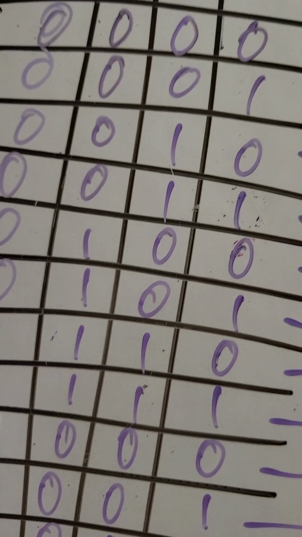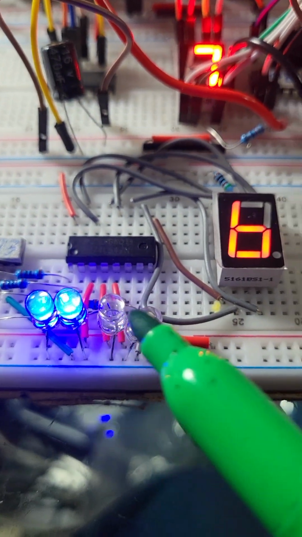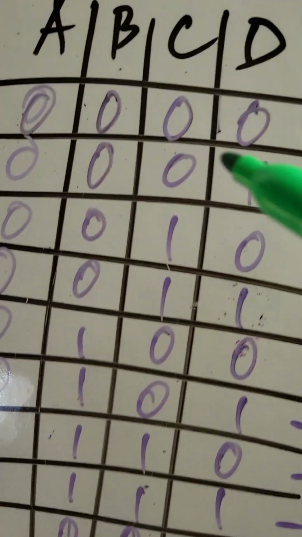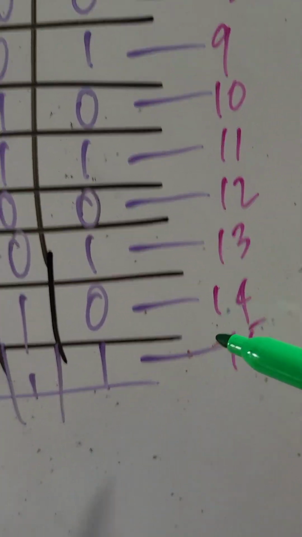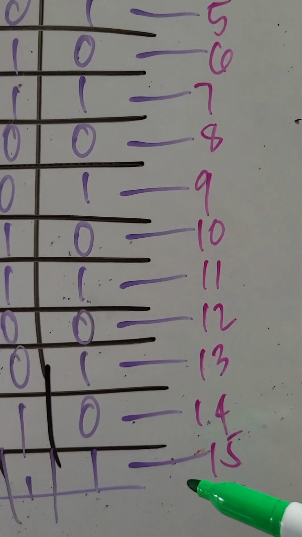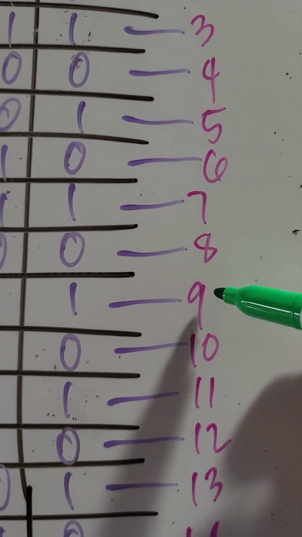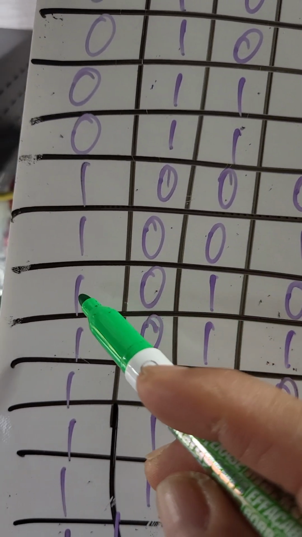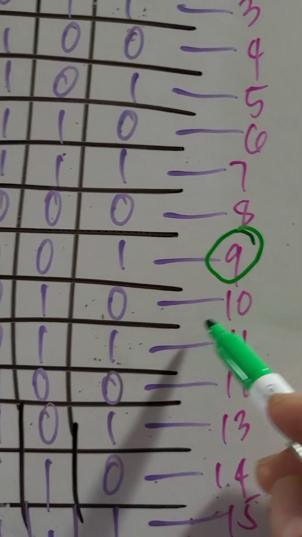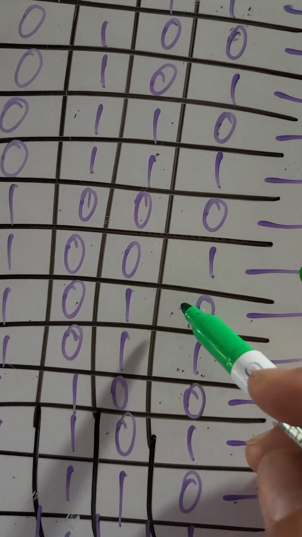Because at the count of 10, there are these 4 outputs here, from 0000 to 1111, 0 to 15 in decimal, because we can only display one digit up to 9. So at the count of 10, this 10 in binary is 1010.